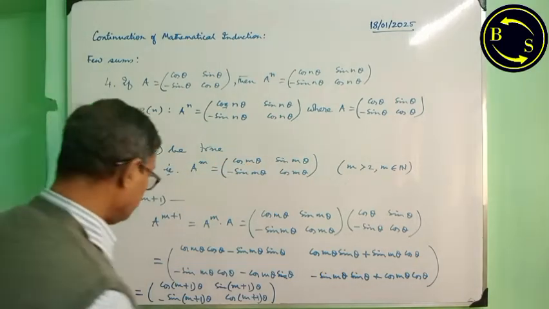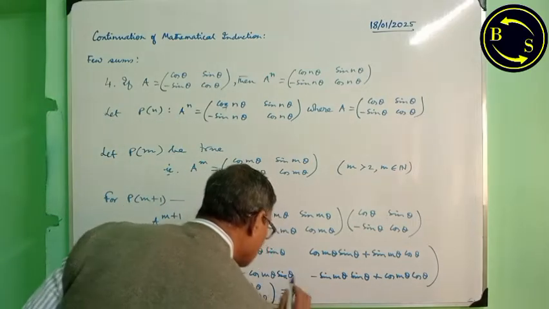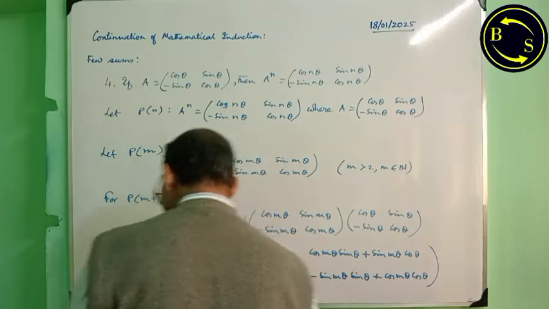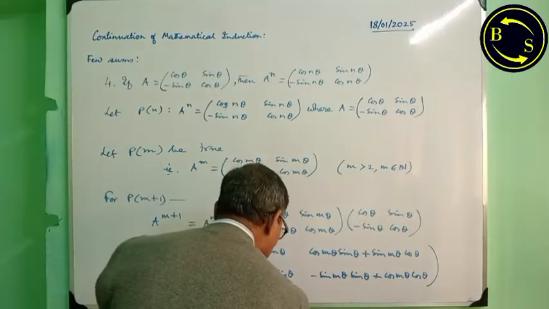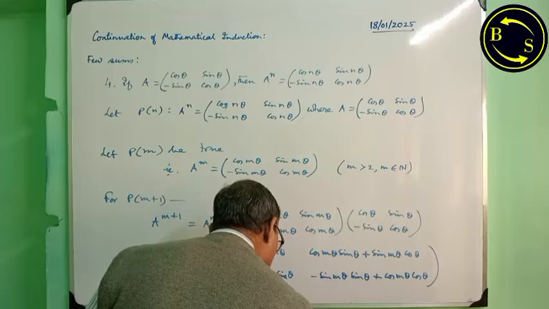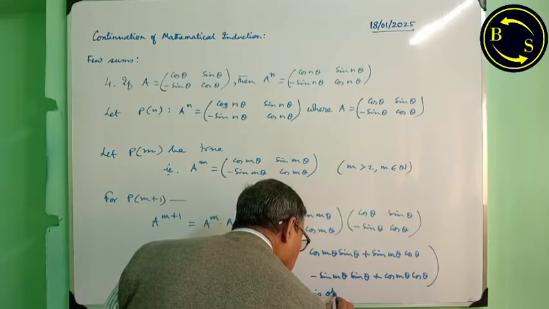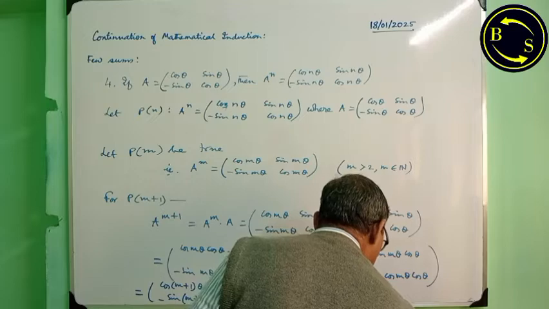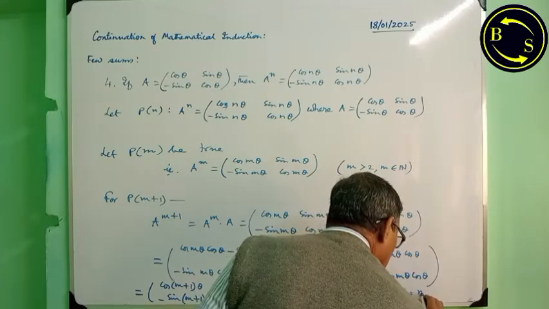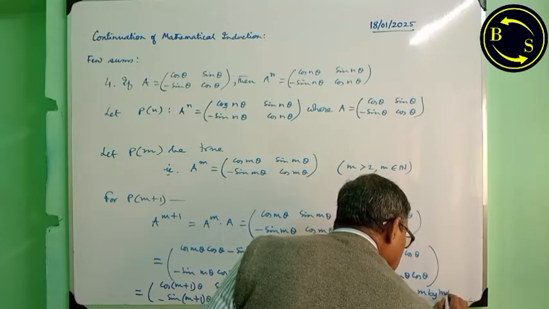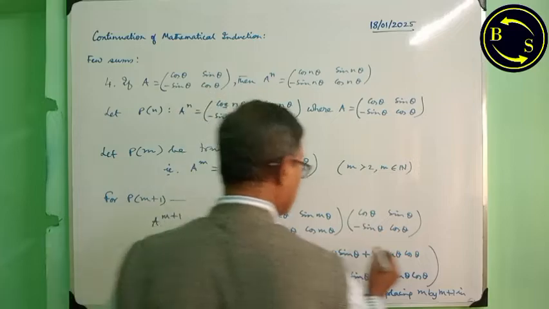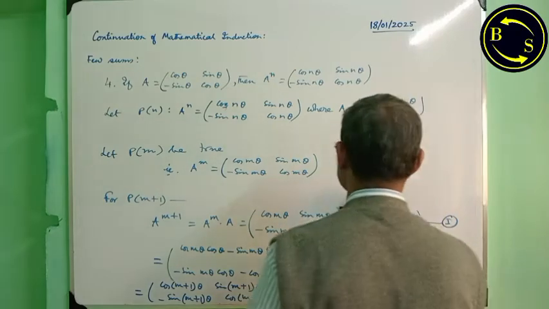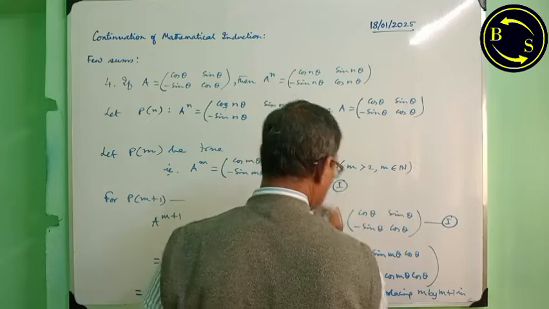That means the conclusion will be the one which is obtained by replacing m by m plus 1 in this one, say I write it as 1, sorry, this one, in 1.